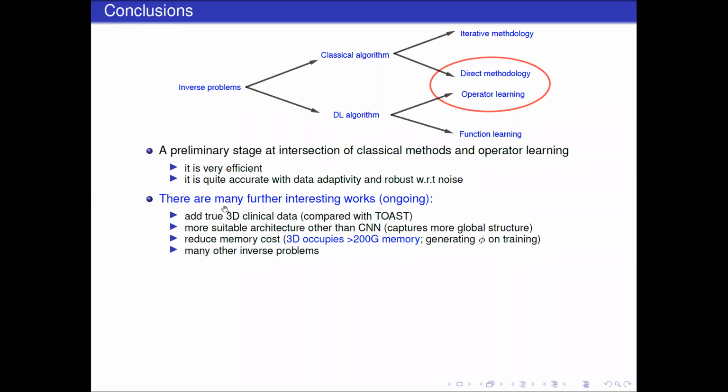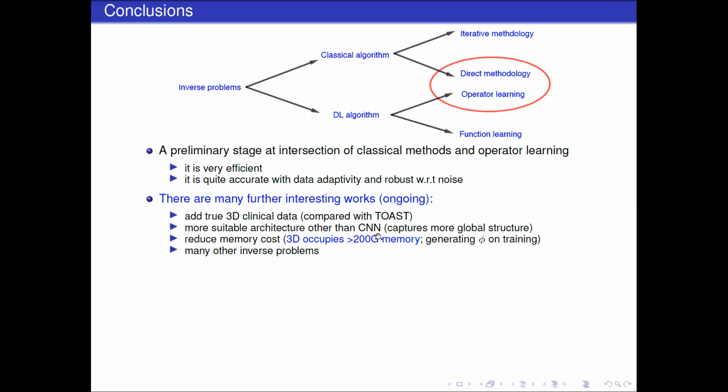There are many interesting works in the future. For example, currently we are incorporating 3D clinical data and experimental data into the training data set, and we try to compare the reconstruction with the software tools for DOT. We are also investigating more suitable architectures for neural networks other than CNN.